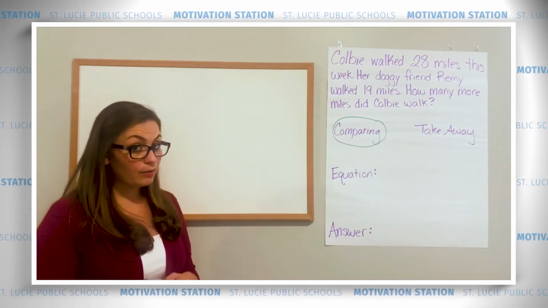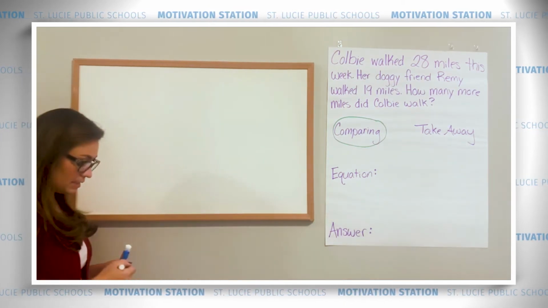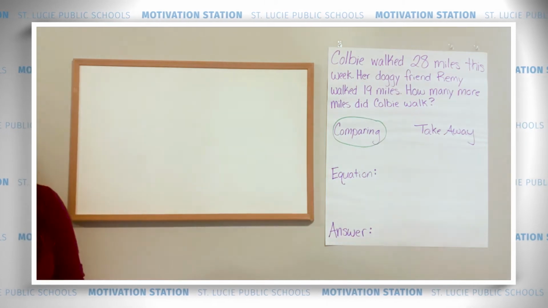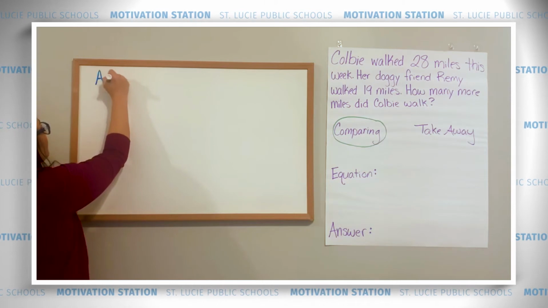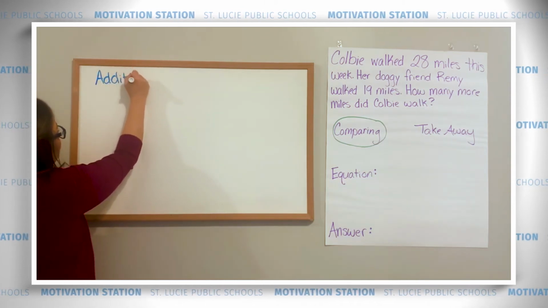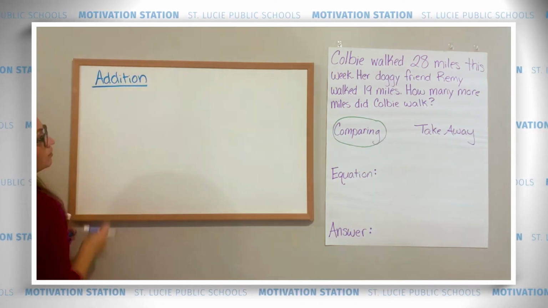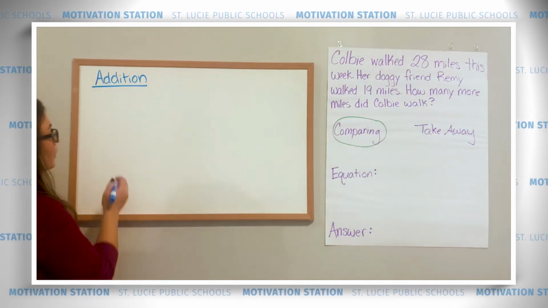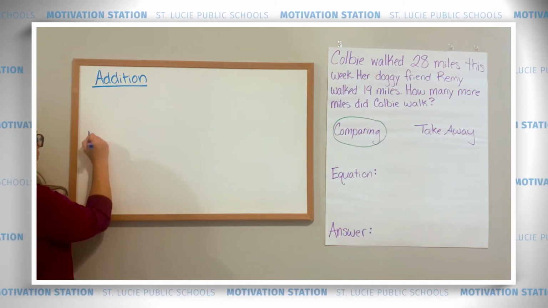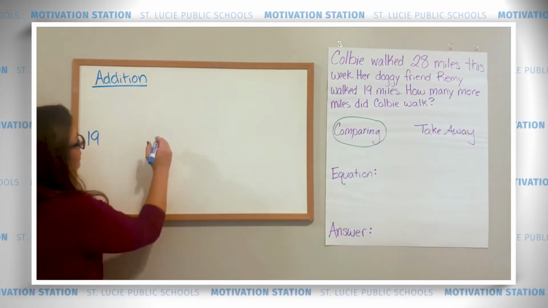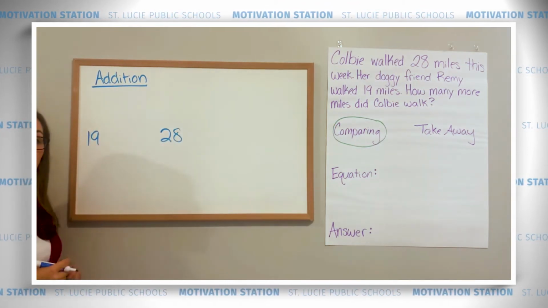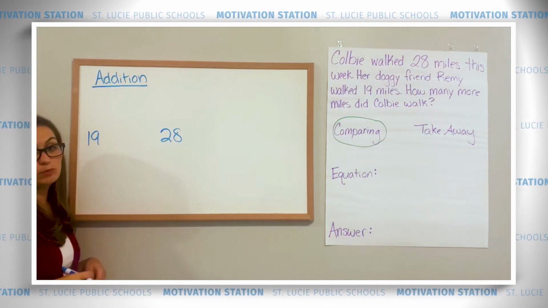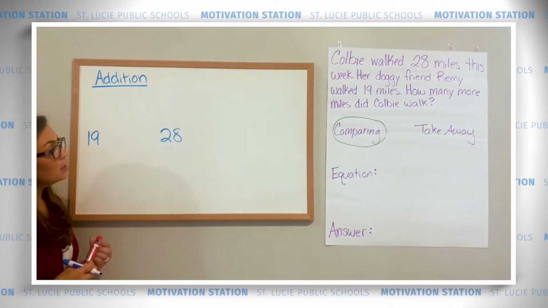Remember, for comparing problems, you can solve with addition or with subtraction. Let's start with addition. For addition, comparing problems, I need to put both of my numbers on my open number line. 19 and 28, because we're trying to find what the difference is, what the distance is between these two numbers.